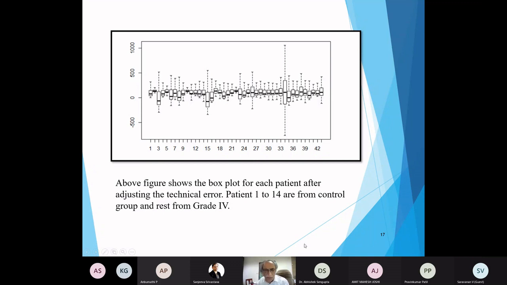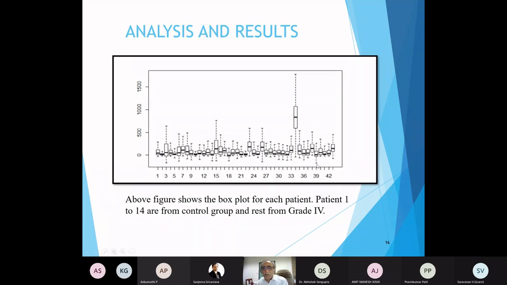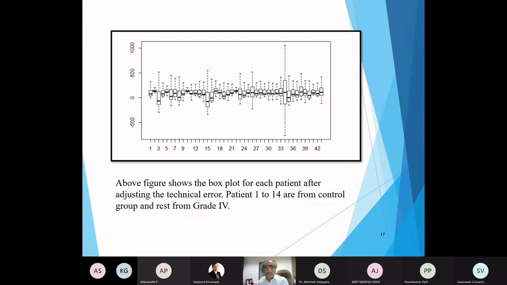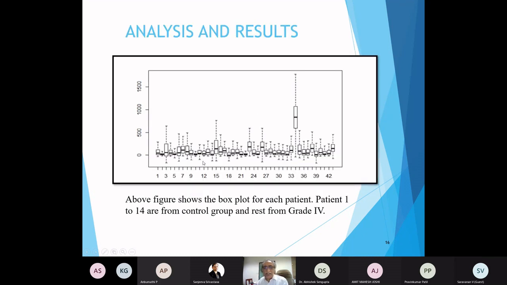Compared to the previous one, this one seems to be behaving all right. They seem to be hovering around some middle value, unlike this one, where they're not hovering around a central value.